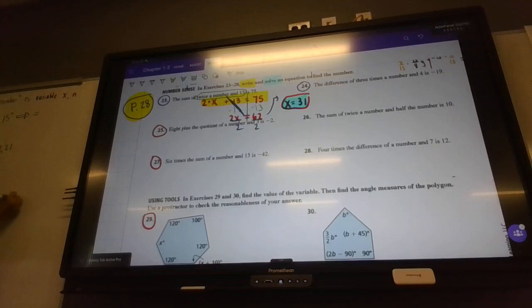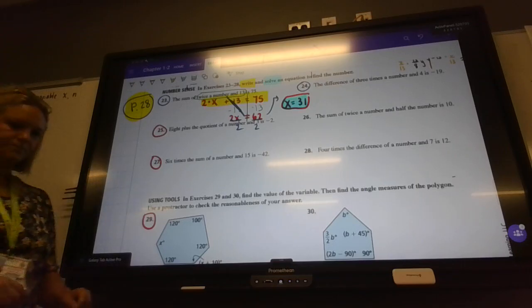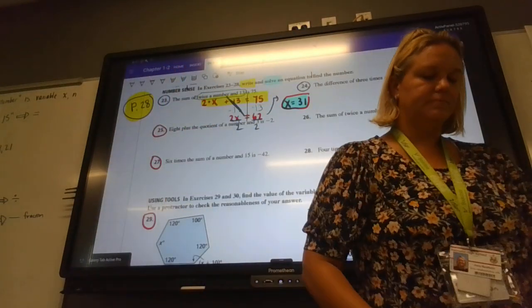So for quotient, you can use the old school division sign or make a fraction. So 8 plus the quotient of a number and 3. X over 3. Yeah, X over 3.